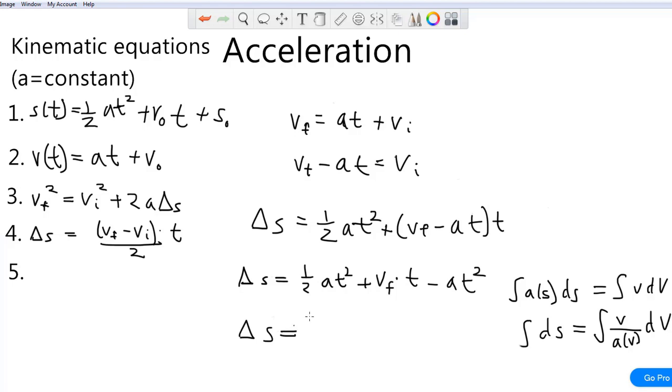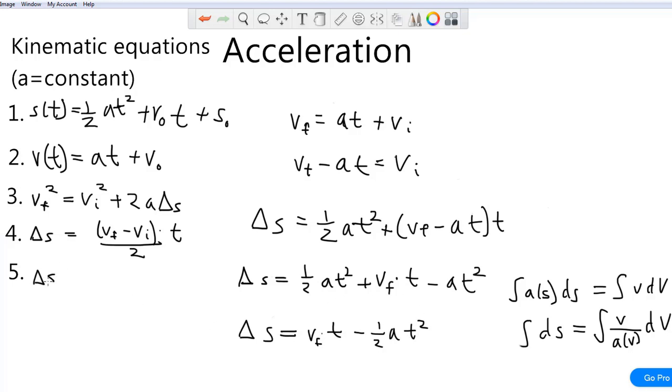So in the end, this is going to be V final times your time. Like I said earlier, when you add those, you get negative a half a t squared. So this is your final one then.